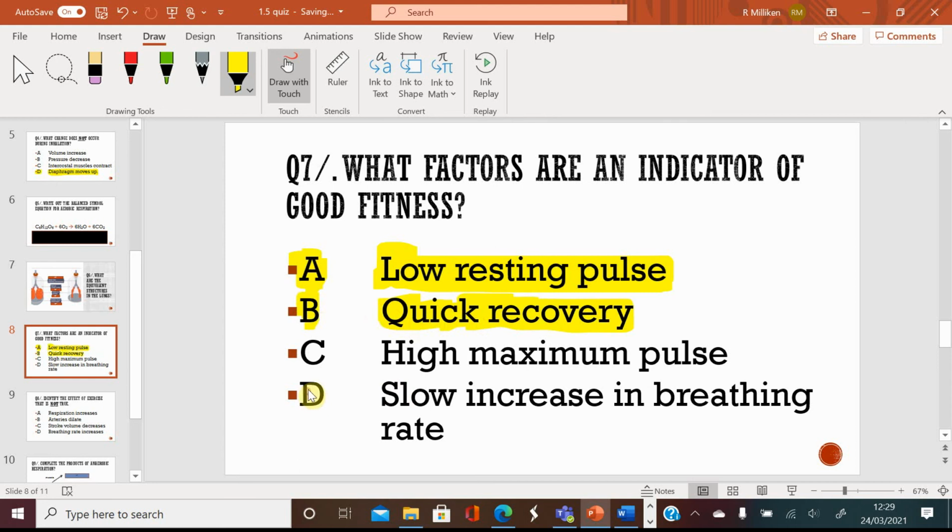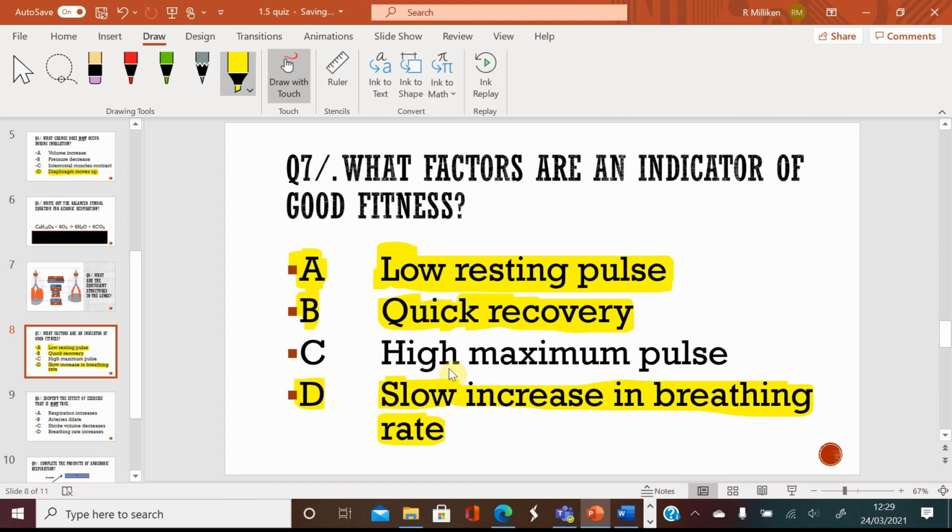And the slow increase in breathing. The fitter somebody is, probably the less their breathing needs to increase in order to do something. So a run would not require as much breathing, or at least a lower rate, than somebody who's unfit, who might be panting and puffing very fast. The high maximum pulse tends to be an indicator of a reduction in fitness.